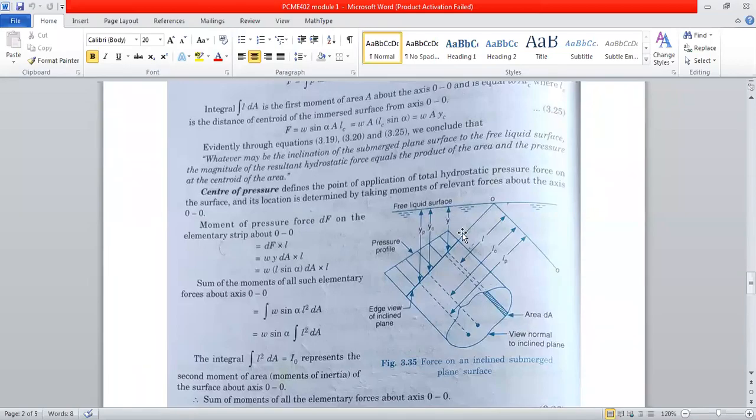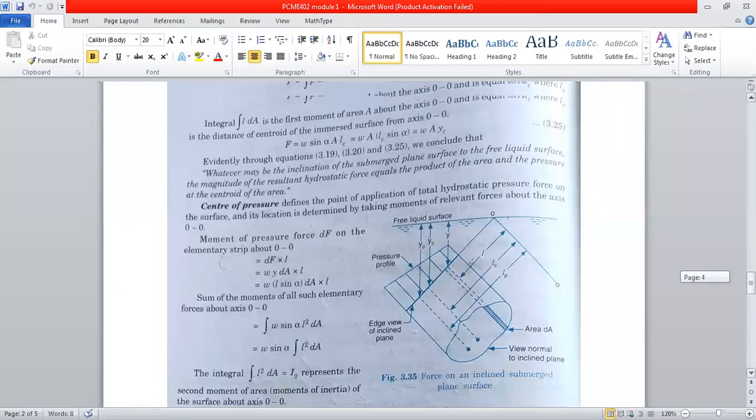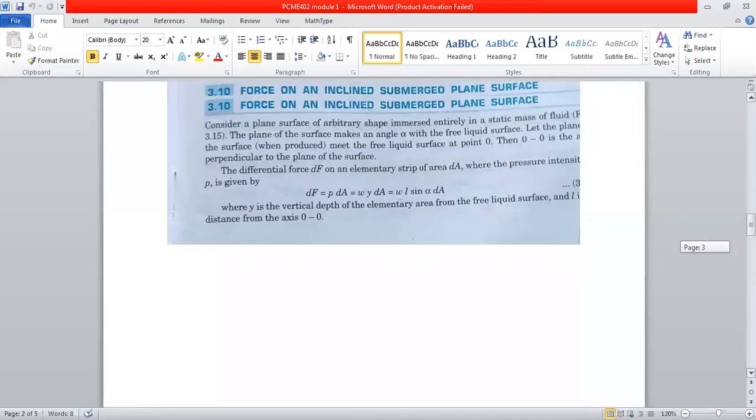Oh, sorry, the angle is alpha. The inclination angle is alpha with the free liquid surface. The area of the elementary strip is dA. So the force dF should be P, that is pressure, P into dA.